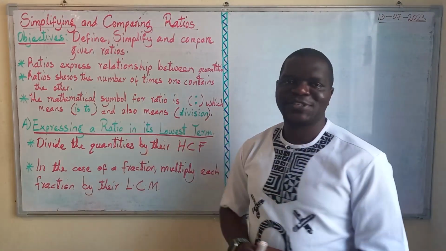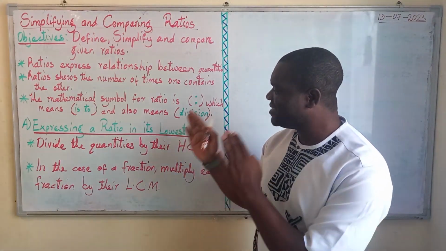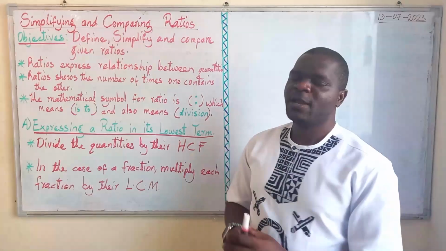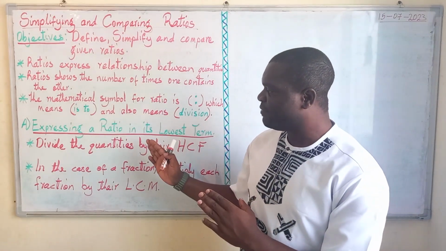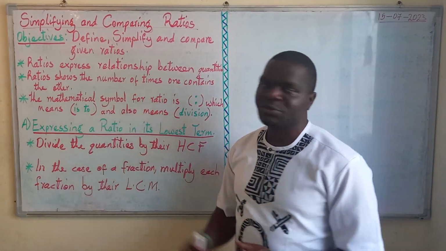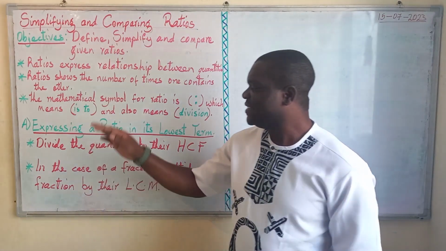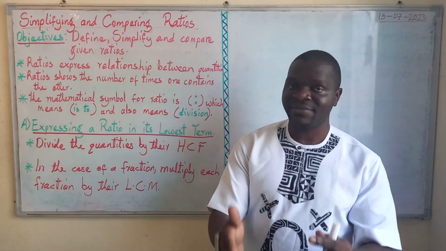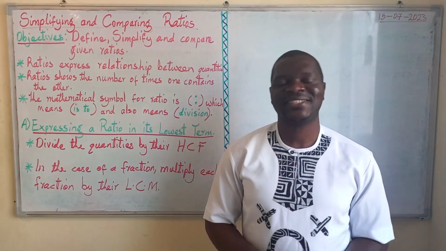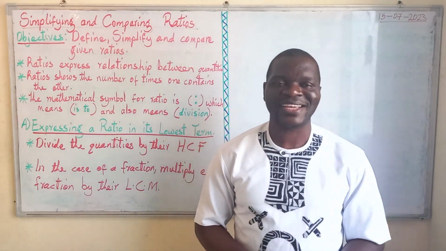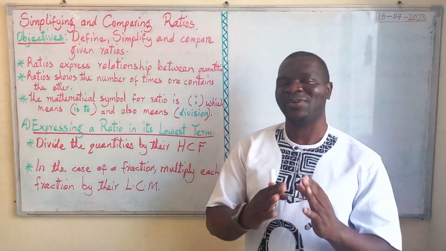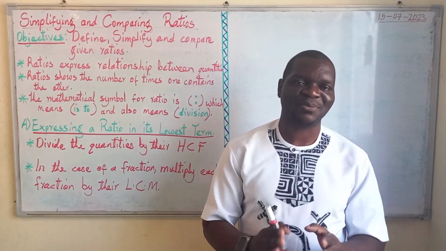Our first subheading here is expressing a ratio in its lowest term. For you to be able to simplify or express a ratio in its lowest term, the first thing to take note of is to divide the given quantities by their HCF. If you missed a lesson on HCF, you can scroll back to check our lessons on highest common factor.